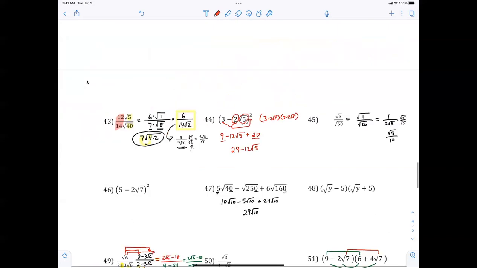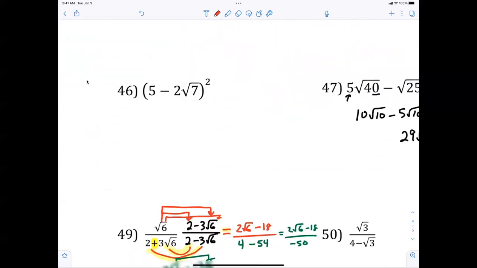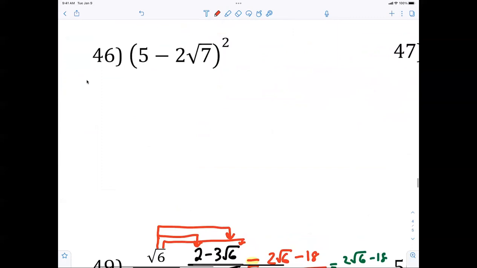All right, let's keep it going. 46, same principle. All right, come on. 5 squared. 25, middle term, 5 times -2 times 2, -20, and don't forget the radical 7. All right, now come on.